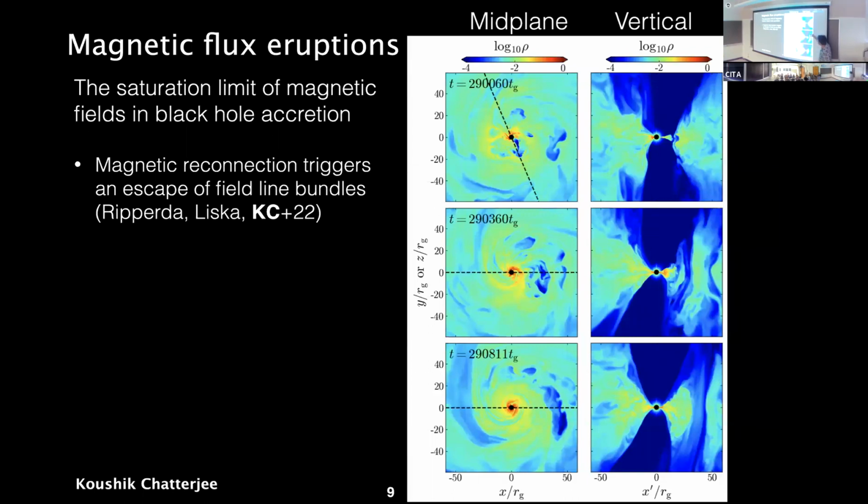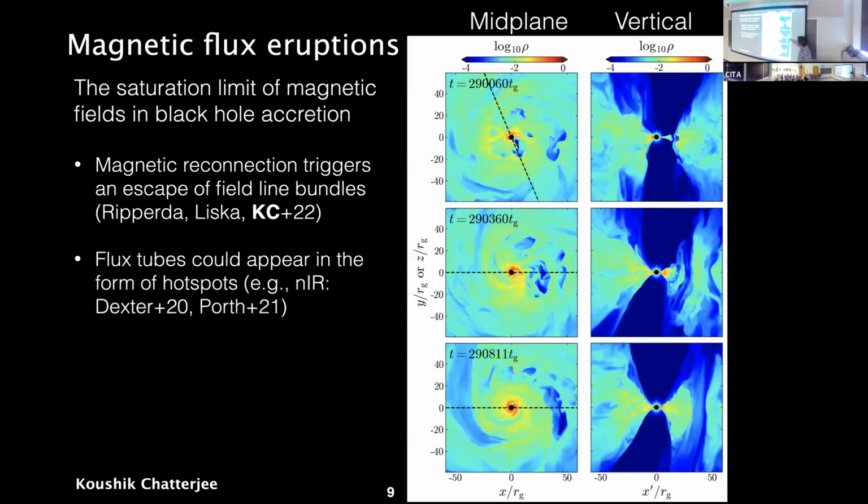You can see that the tube pushes against the gas, and that launches winds in this case. So there's some angular momentum regulation occurring due to these flux eruptions. And finally, when this field line bundle gets completely sheared out, you have escape of magnetic flux through the wind region.